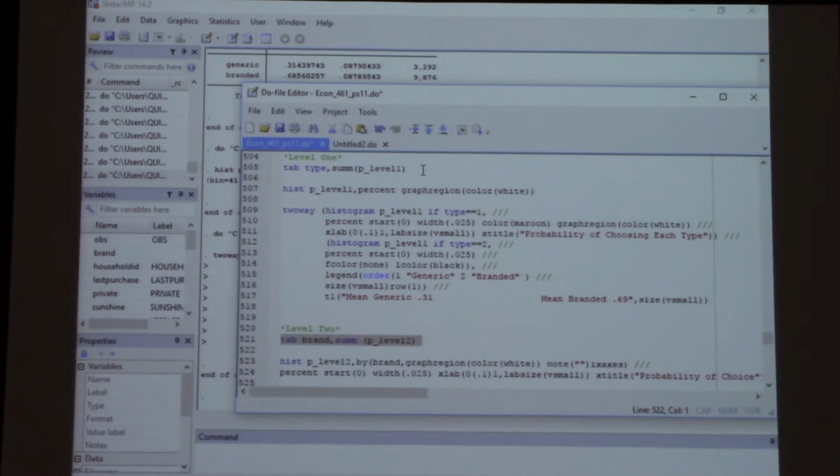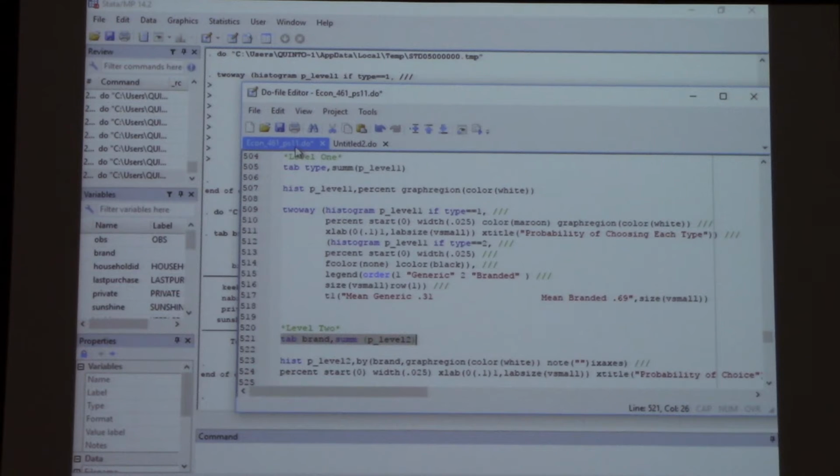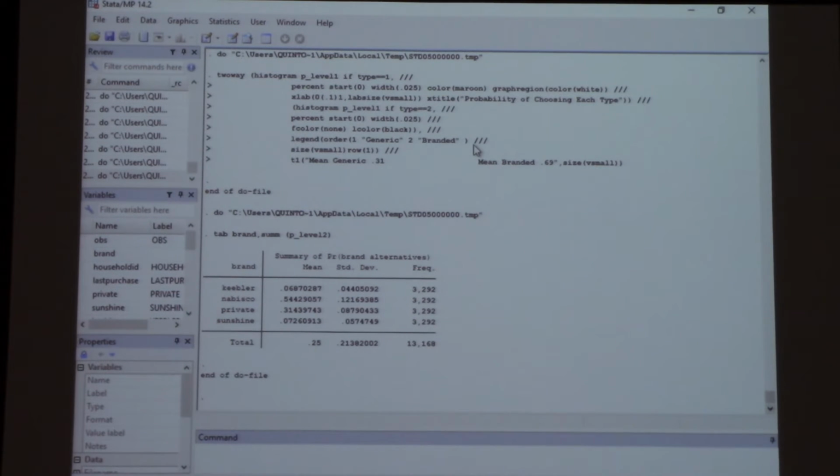All right, these are the level 2 probabilities. Now these, if you recall, are nothing more than the relative frequencies.